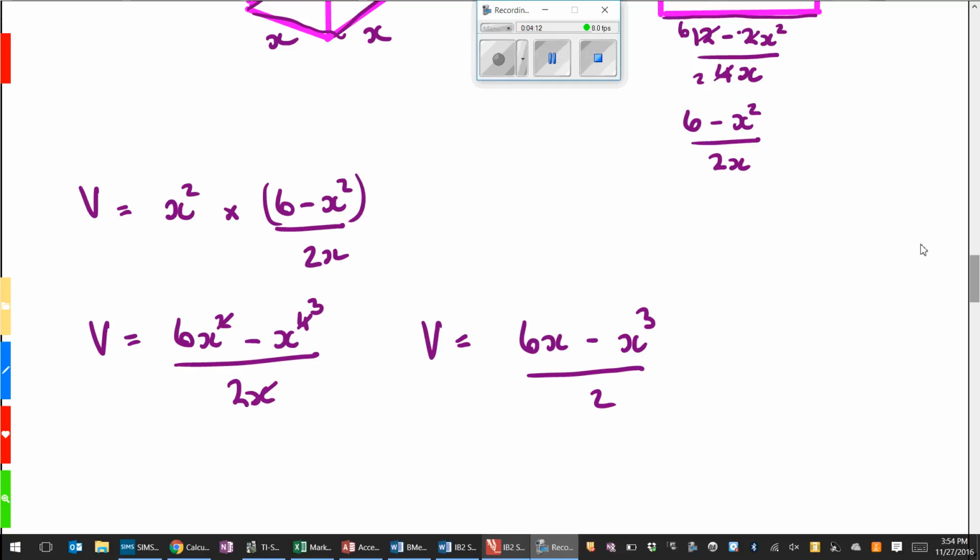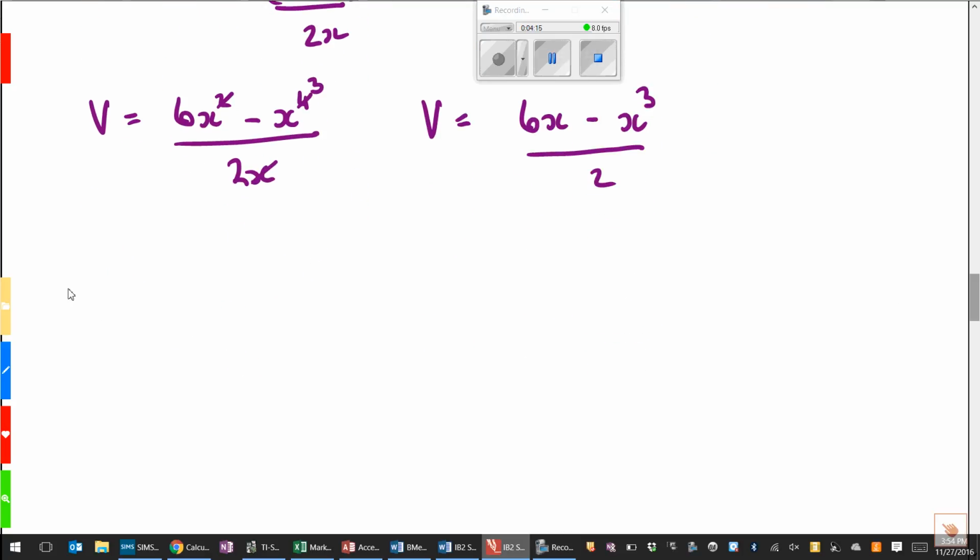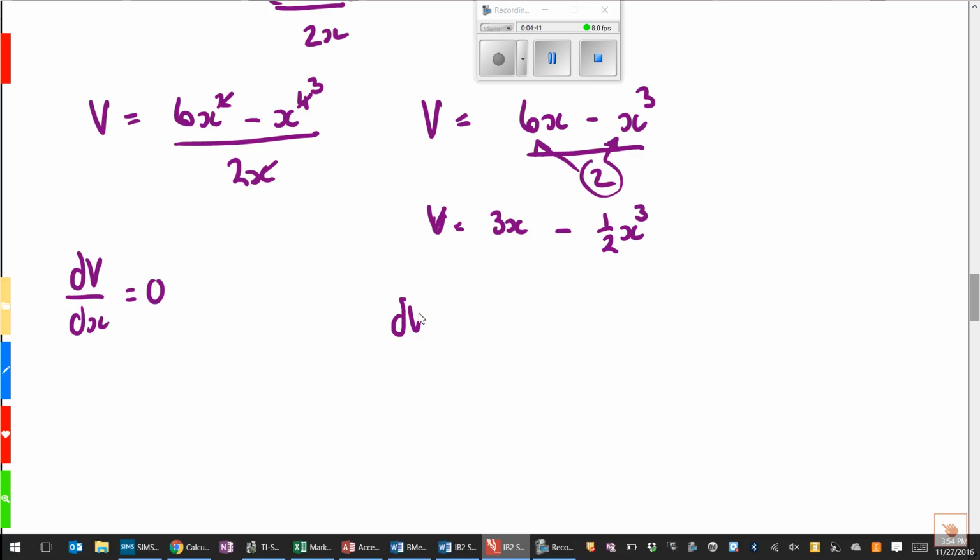Now we have to maximize this volume, so we need to solve dV/dx equals 0. Maybe it's easier to write it as 3x minus a half x cubed, so that's just dealing with this 2 with the 6, but I've still got it on this term as well. When I differentiate, I get dV/dx equals 3 minus 3 over 2 x squared.